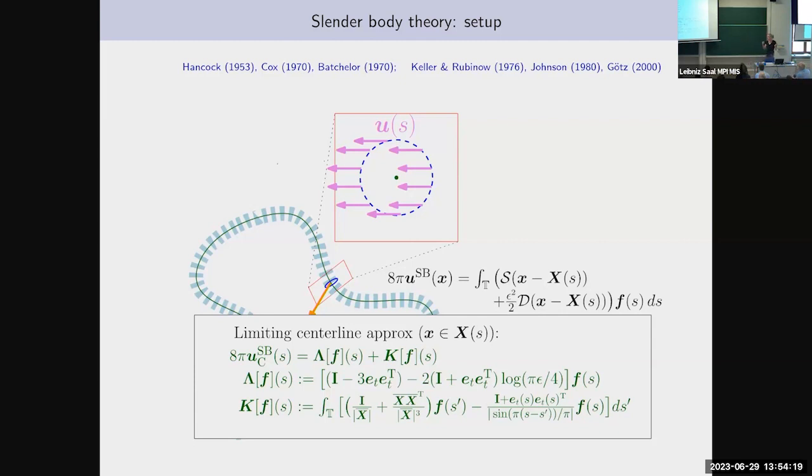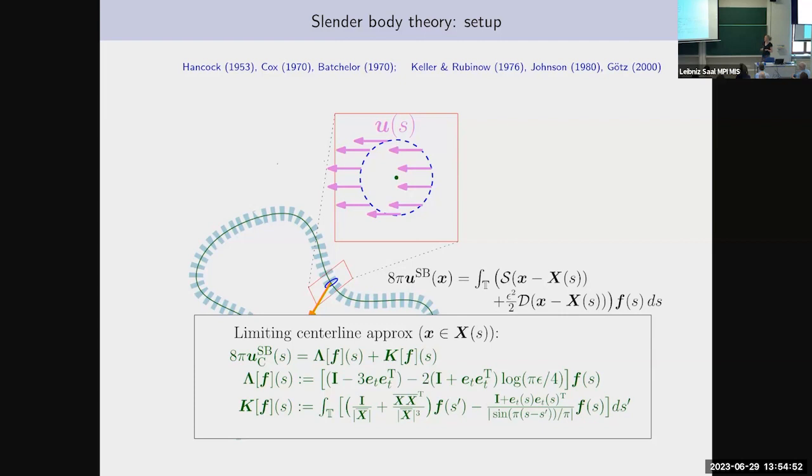This is very popular in computational models because we've taken what was a boundary value problem in 3 dimensions and reduced it to an equation along the filament center line. So this is a very popular method that gets used for numerical simulations.